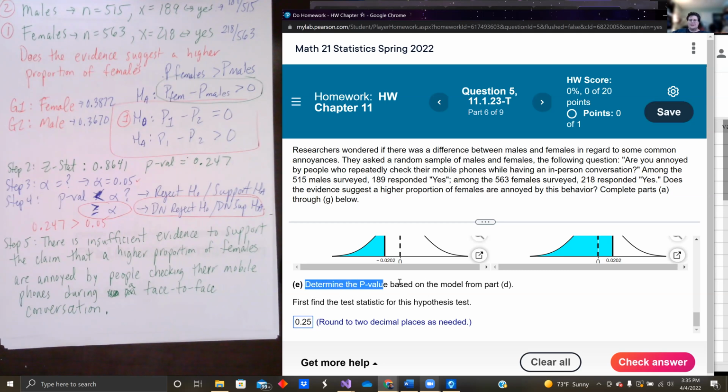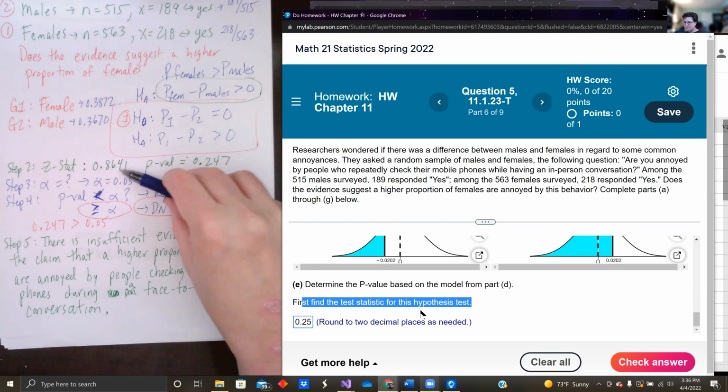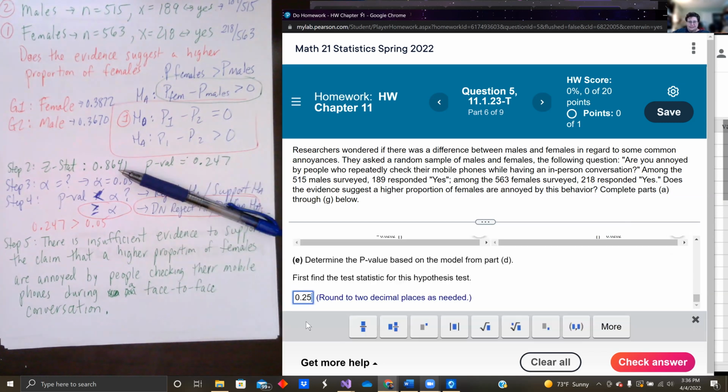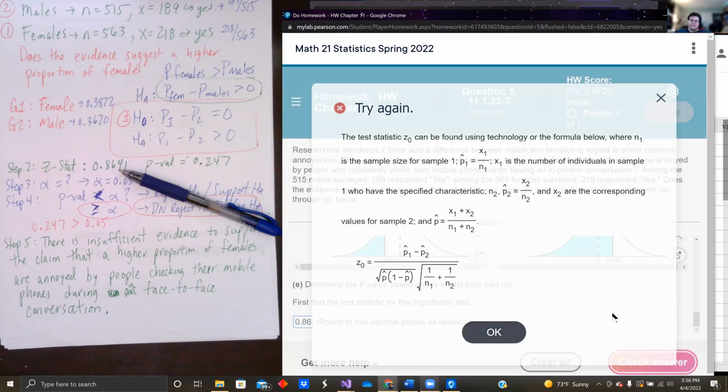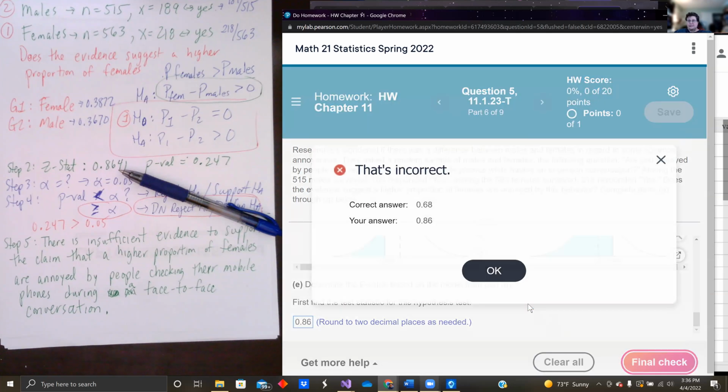It says determine the p-value, so I read that and then I stopped reading. First find the test statistic. The test statistic we had, that's my z-stat right here. That's 0.86. Why do they say one thing and then change the question in the entry field? They're like, do you have the time and the patience to read every word on the page? Oh, no. I know it's right. We just did it.